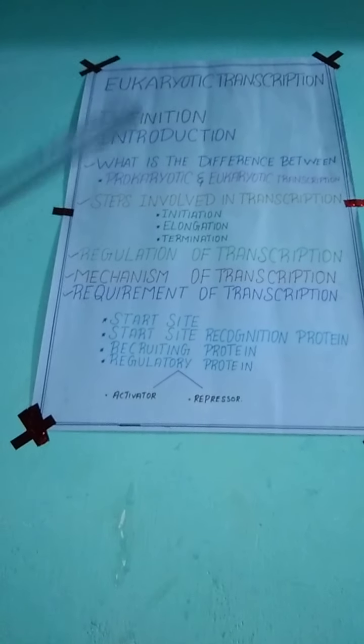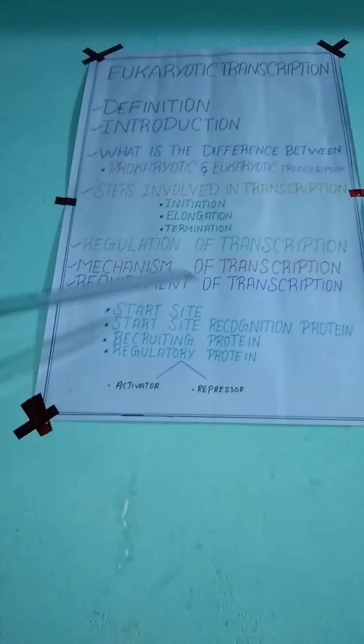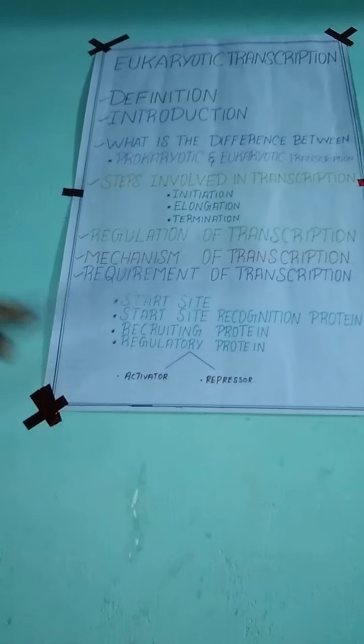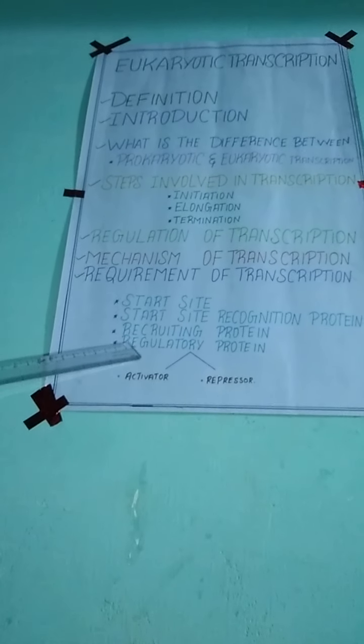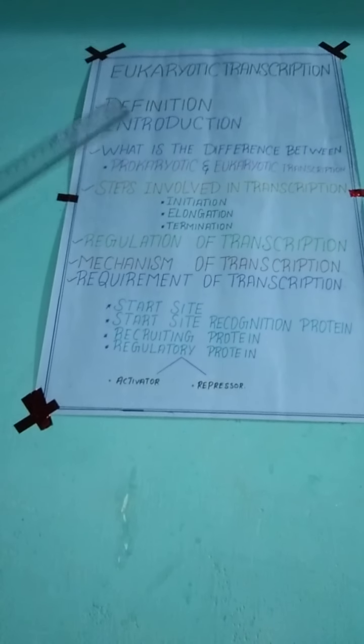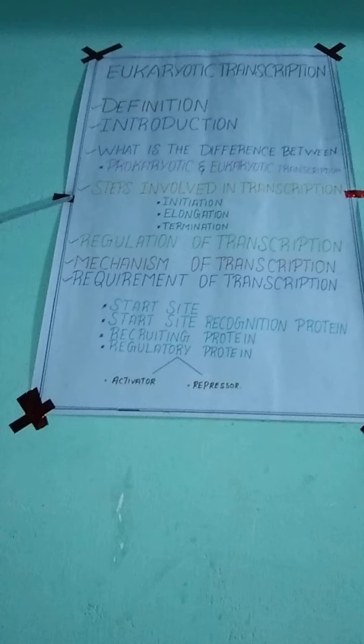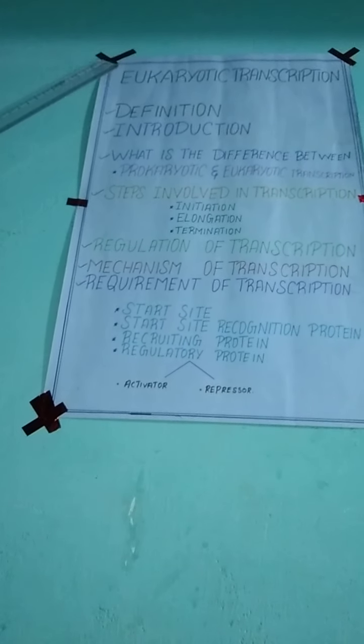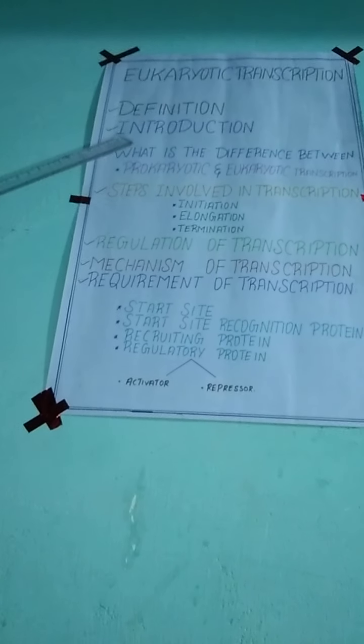What are the requirements of the transcription, such as the start site recognition proteins, recruiting proteins, regulatory proteins. The regulatory proteins are divided into two: activator and repressor. First, what is transcription? Transcription has been defined in various ways.